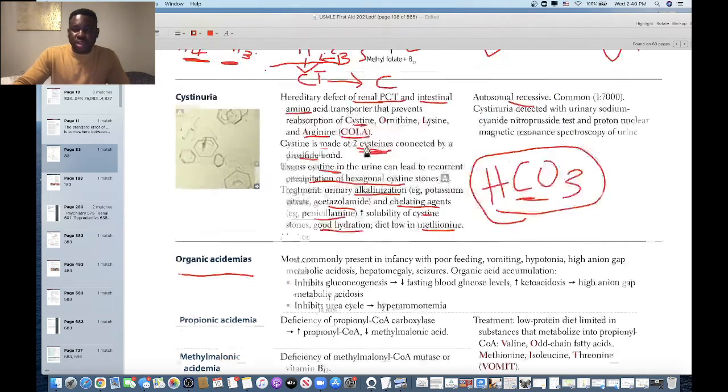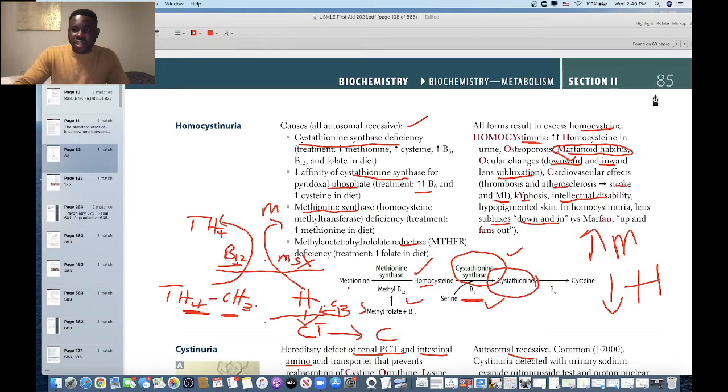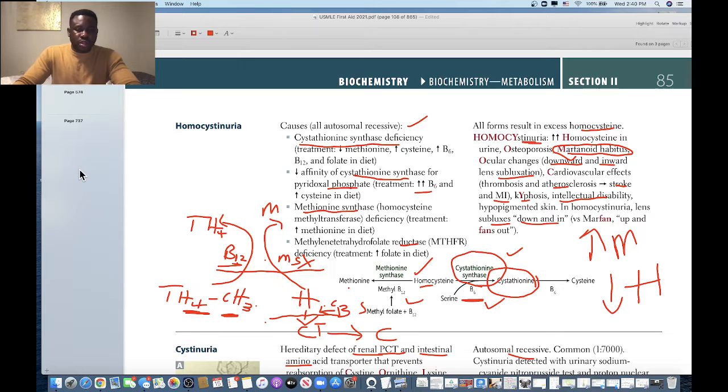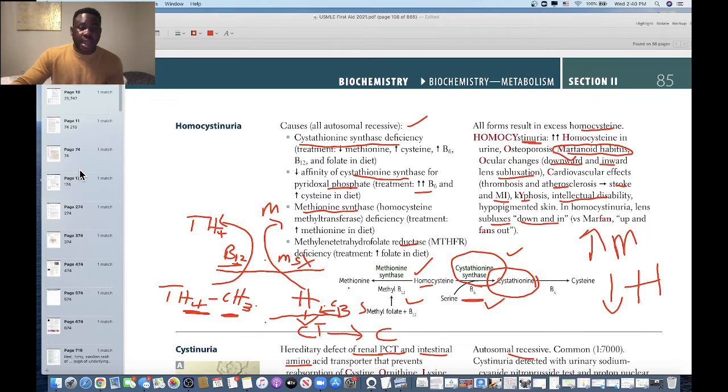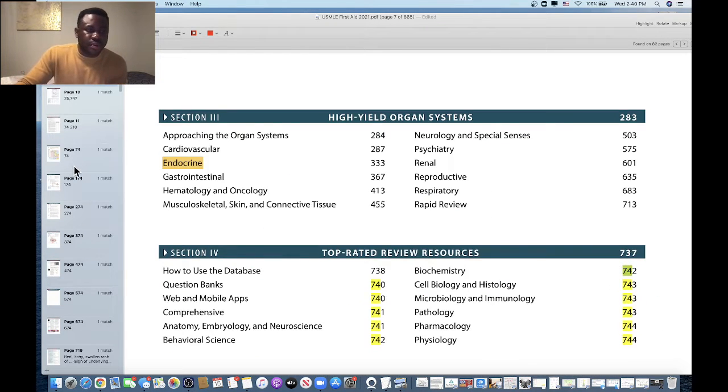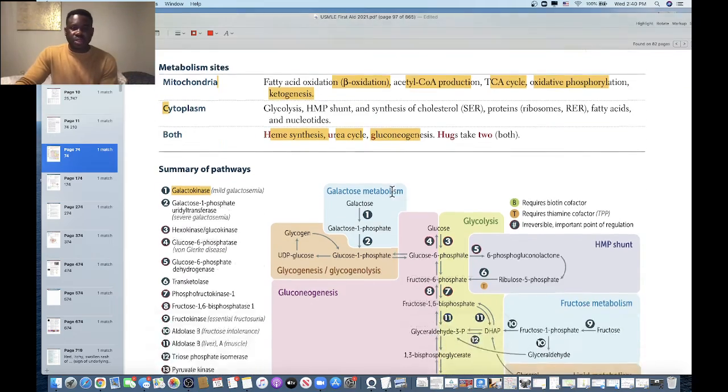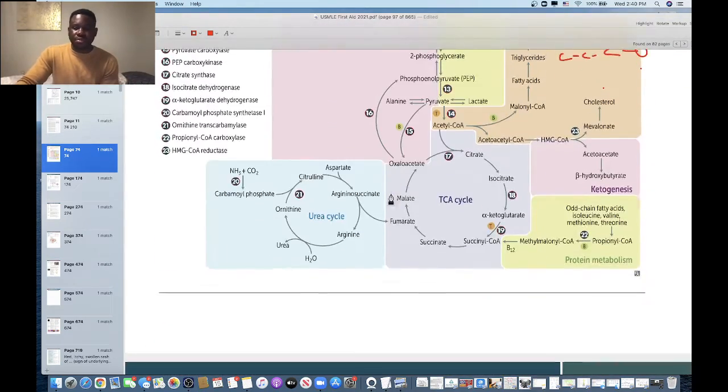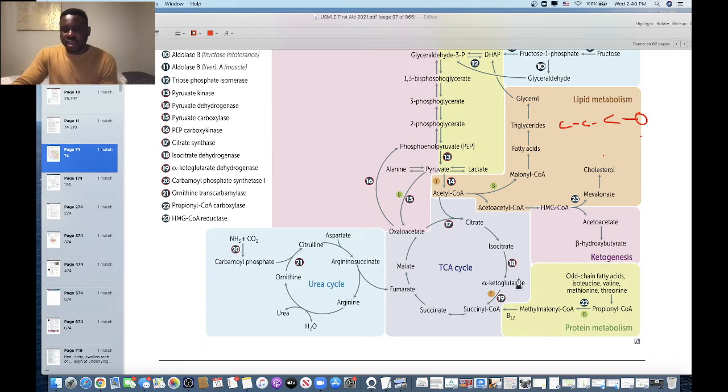We'll come back to page 85. Let's go there so that I teach you the organic acidemias. It will make things simpler, because I love to link things up rather than learn everything in isolation.